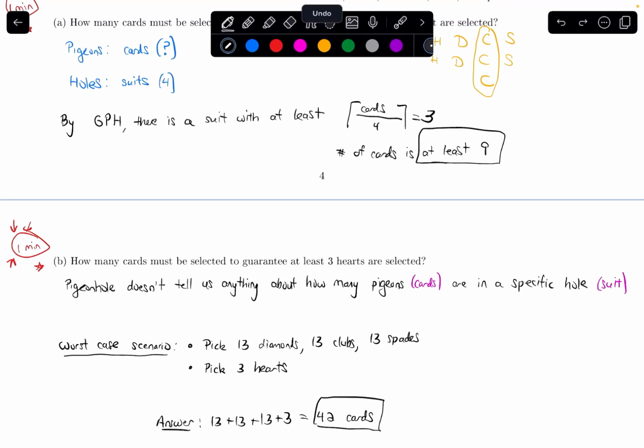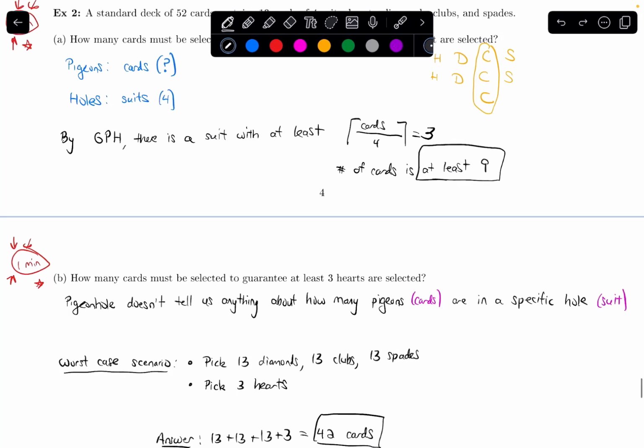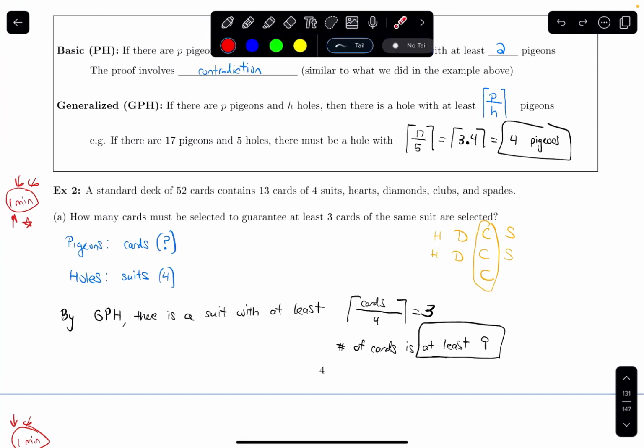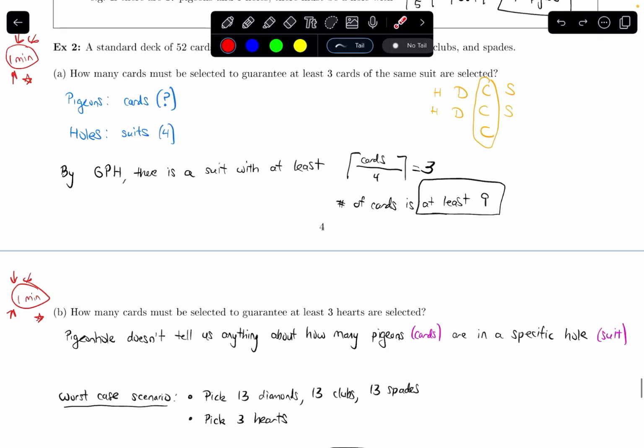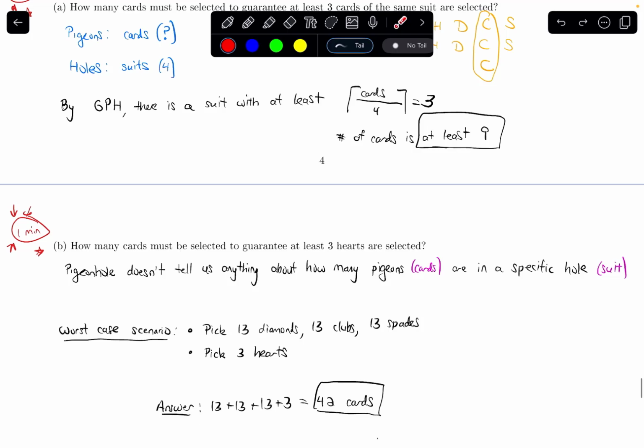So just to summarize this key idea, the pigeonhole principle tells me that there's got to be some hole with at least this ceiling number of pigeons. But if I'm doing a problem that specifies which hole we're talking about, then we can't use the pigeonhole principle. Instead, we have to use logic like we did here to work out what the answer would be.